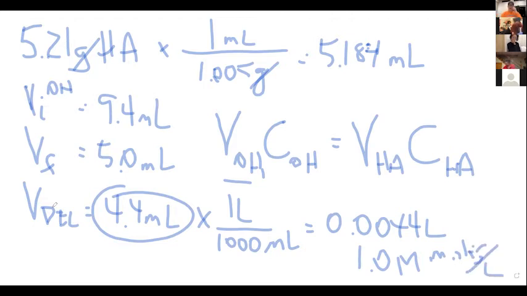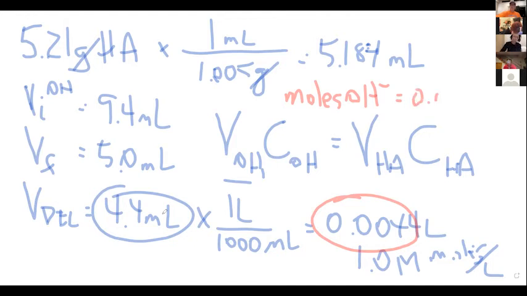And since it's 1, the number of moles is going to be equal to the volume in liters, because it's 1 mole over 1 liter. So my moles of hydroxide is 0.0044 moles.